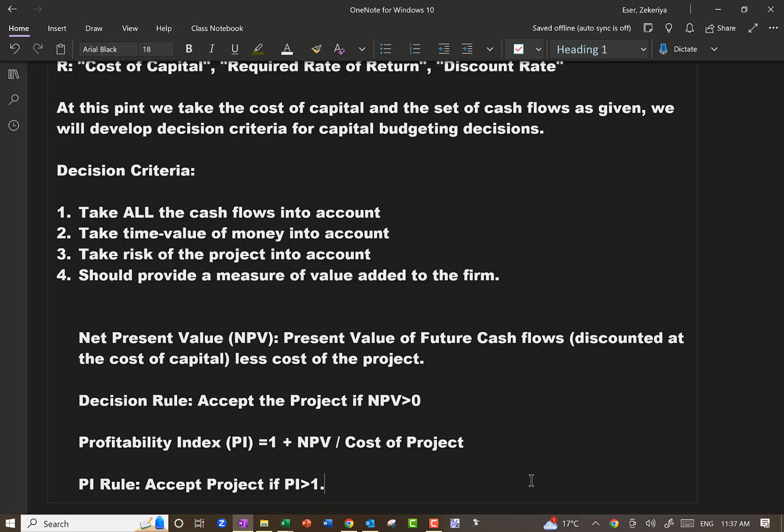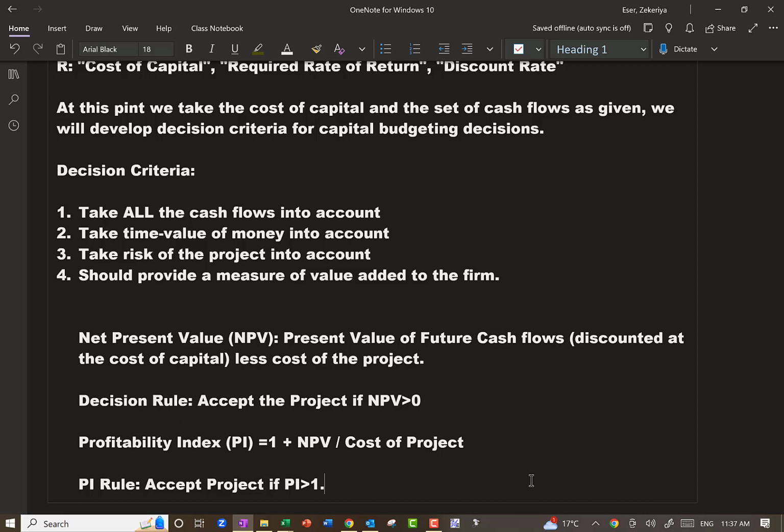These work fine when the project is standalone, but if projects are mutually exclusive, so you have 2 projects, you could either accept A or B or neither, but you cannot accept both, then you have to do a ranking. In that case, PI and NPV may produce different results, because PI is a per dollar measure, okay? NPV is a total measure.